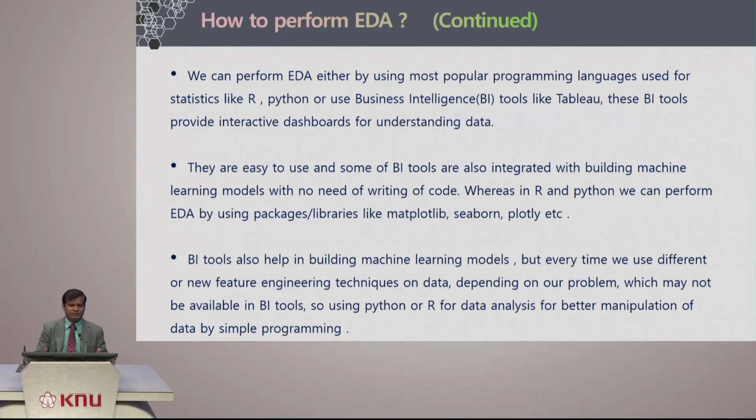So BI means business intelligence. They can be very useful tools because it's very easy for you to just drag and drop your data set, and then right away you can visualize the trend of that data.